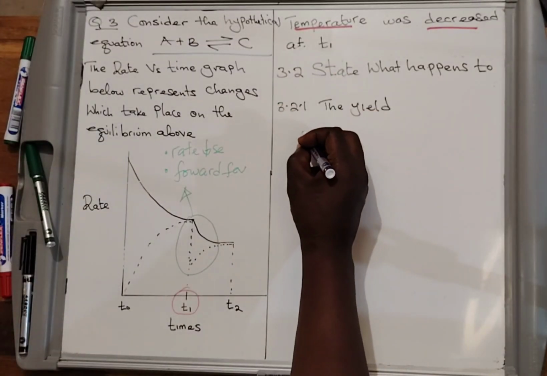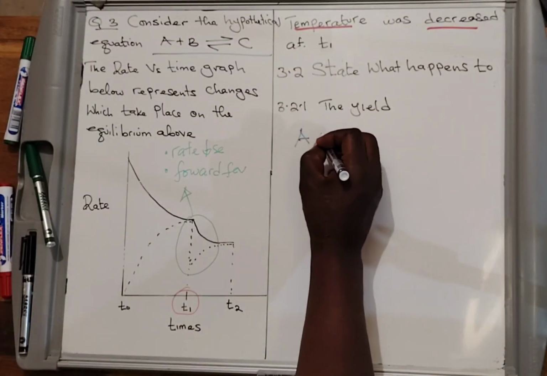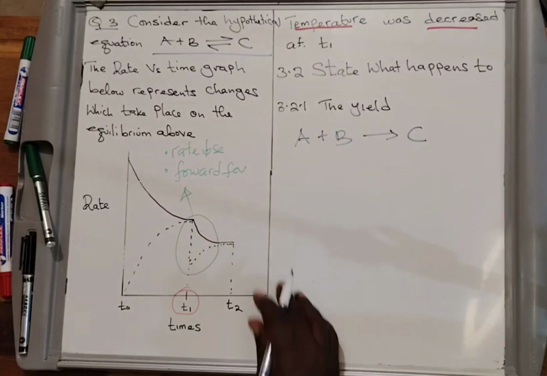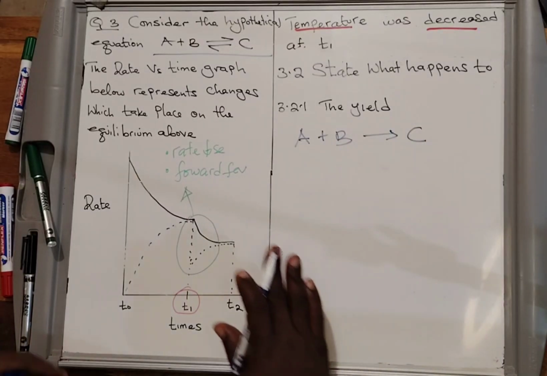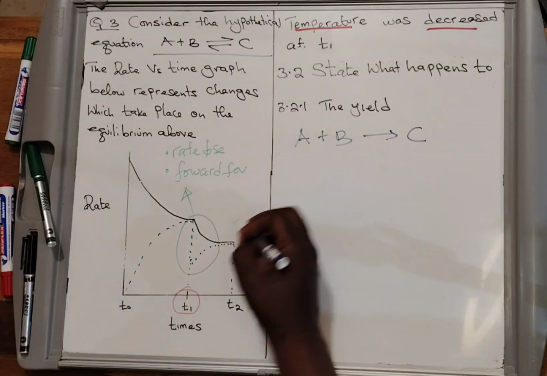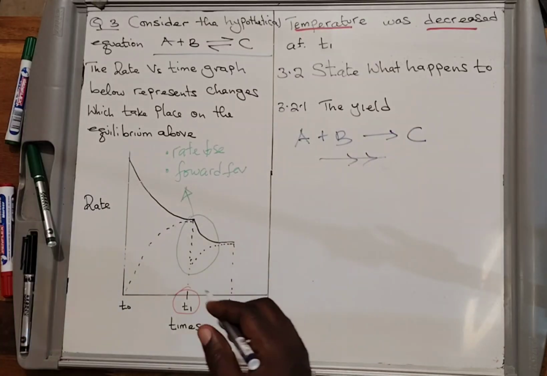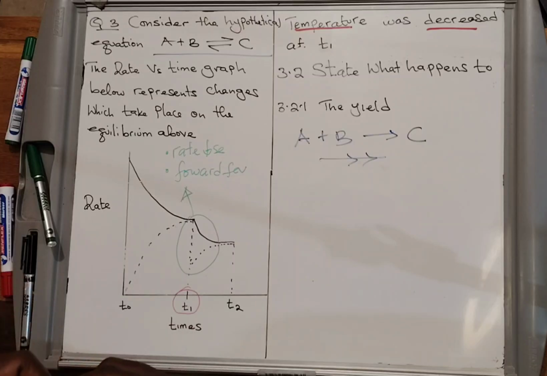Let us have the equation again. It's A plus B giving you C. We realized from the previous question that forward is favored.